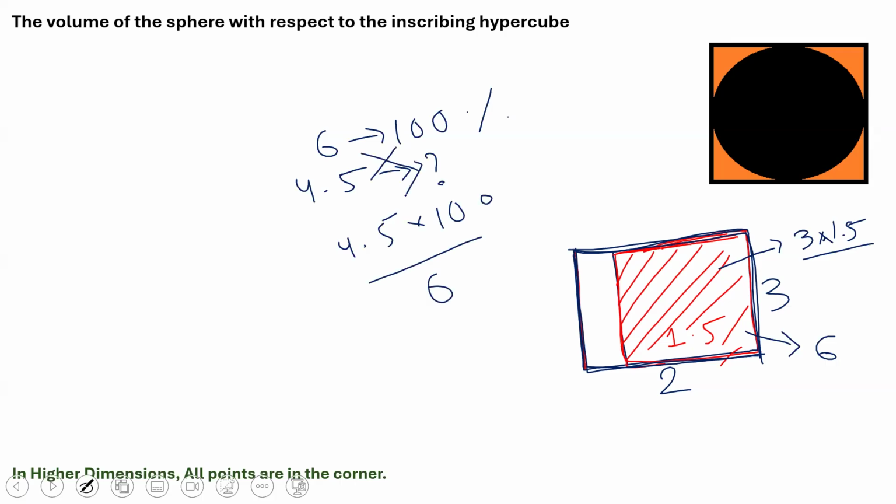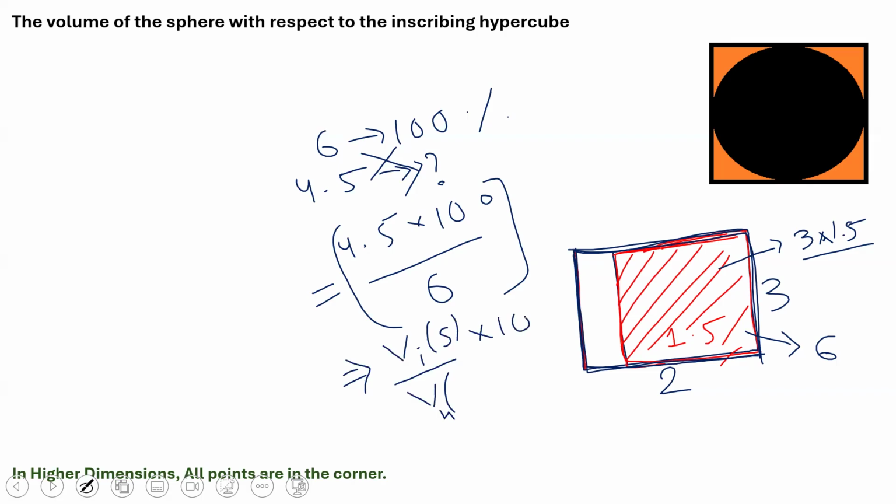That gives us the volume occupied by the smaller rectangle in the bigger rectangle, right? If I put this in a formula: volume of inscribed space by volume of hyperrectangle into 100. Volume of this by volume of the entire space into 100.